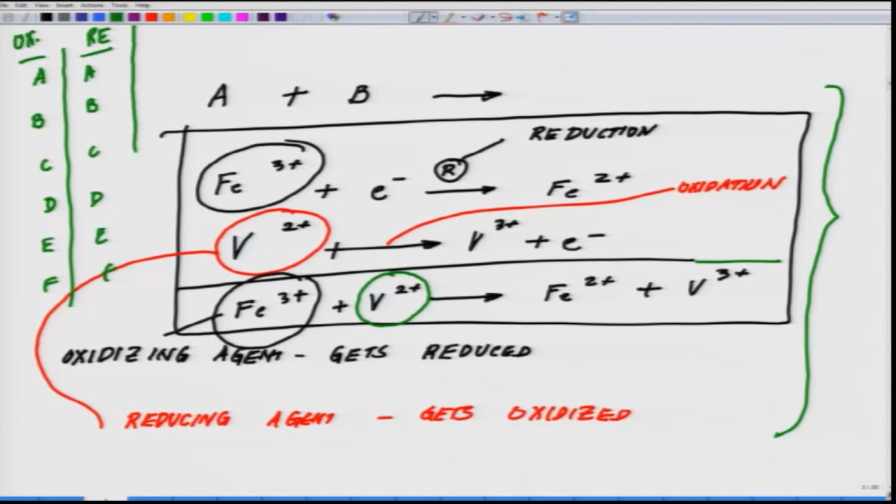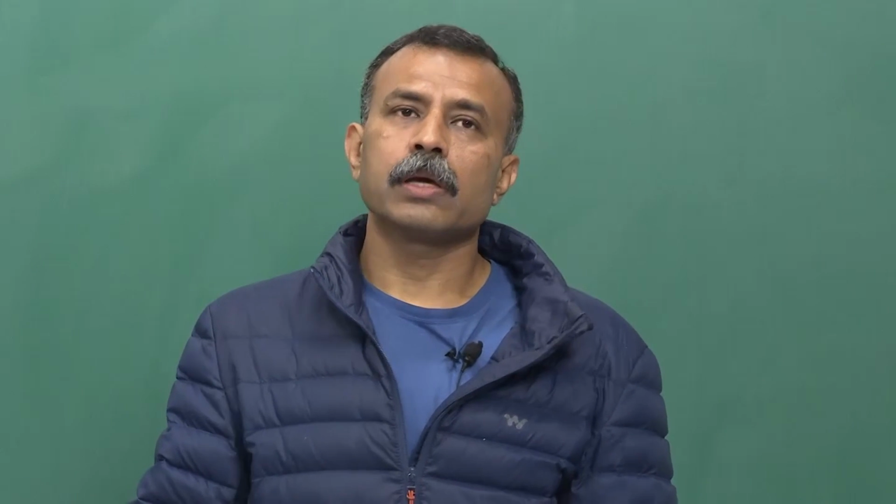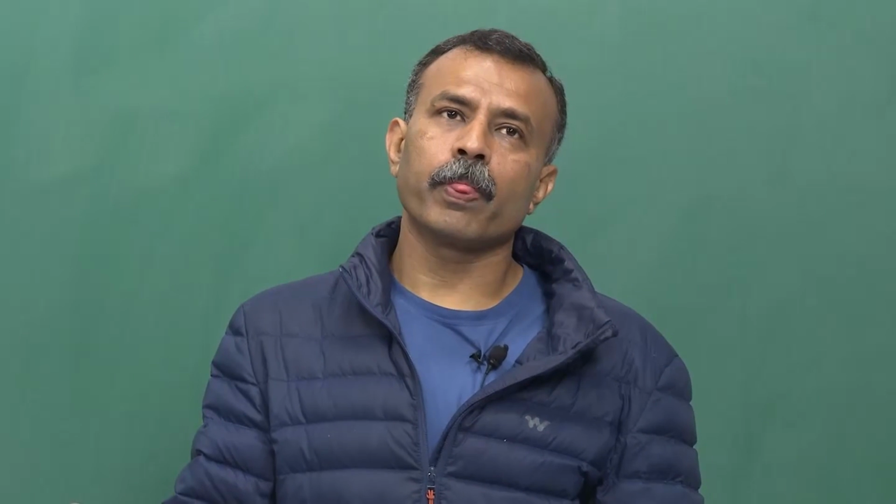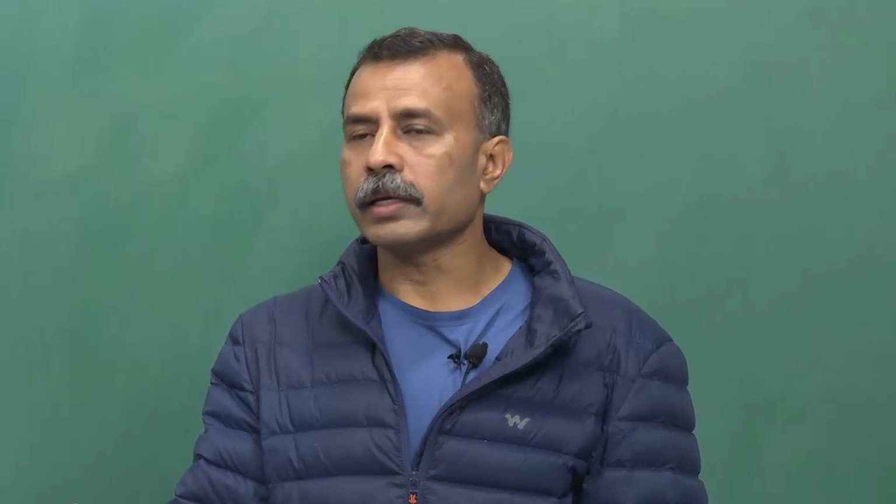So, in nature, the species which are born to donate electrons, you can classify them in a series where you can say that X has more power to donate electron than Y, Y has more power to donate electron than Z, and so forth.